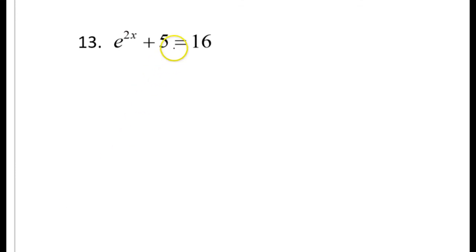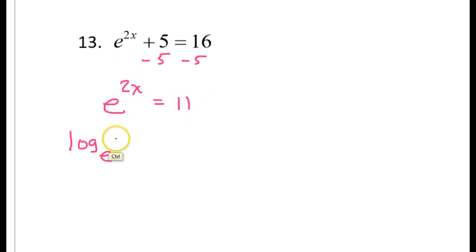And finally, for number 13, first we need to subtract 5 from both sides. So that will give us e to the 2x power is equal to 11. And if I were just blindly following the normal pattern, I would say log base e, and then I would switch these two parts.